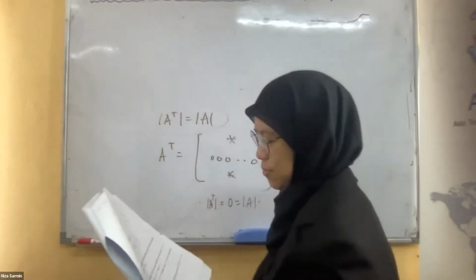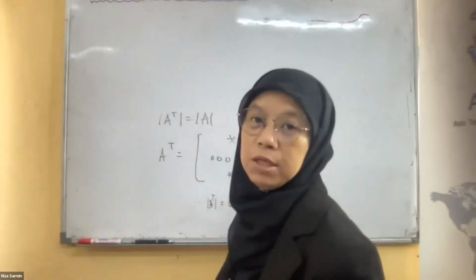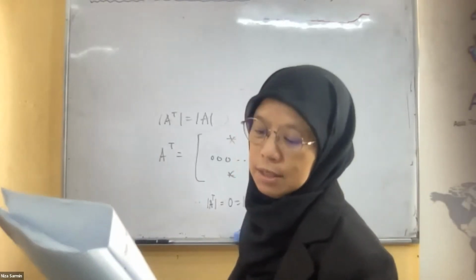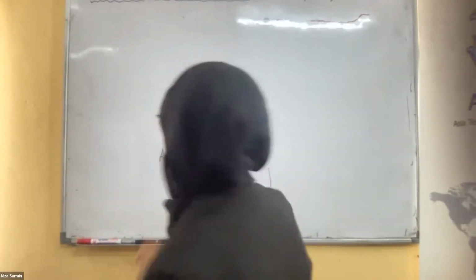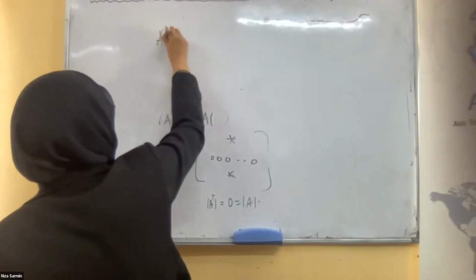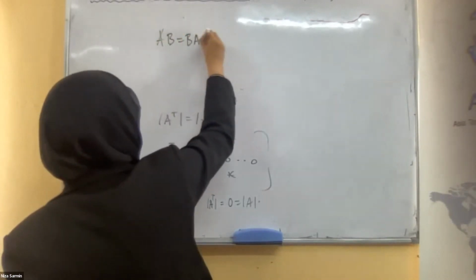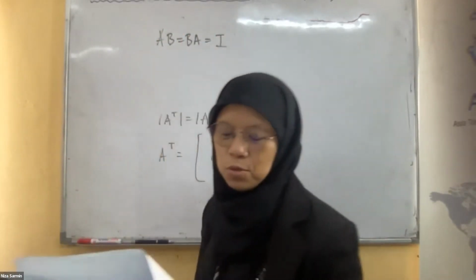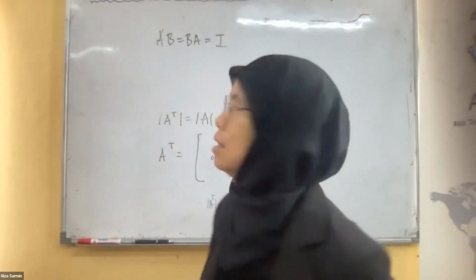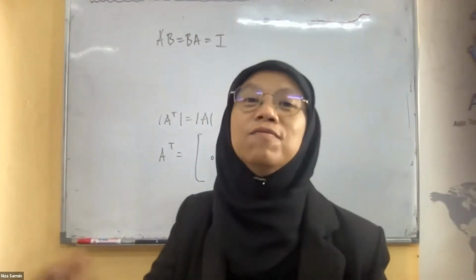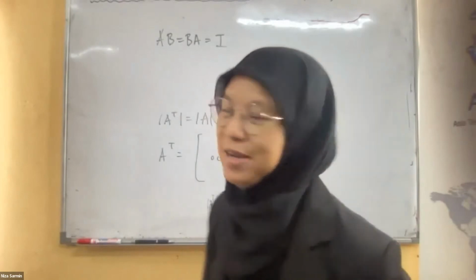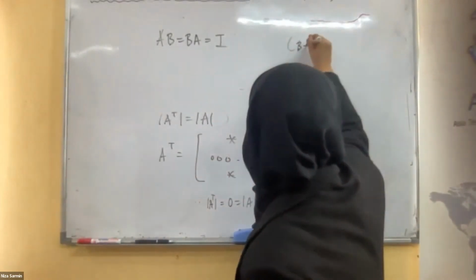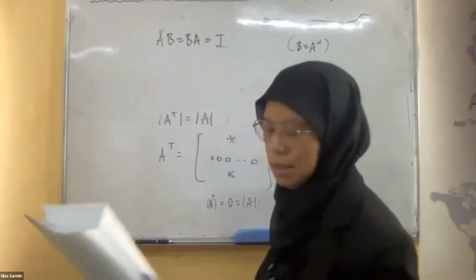Okay, 42. Let A and B be two square matrices such that AB is BA is I. So it's the inverse, right? So actually this question says that B and A are inverses of each other, so B is actually A inverse.